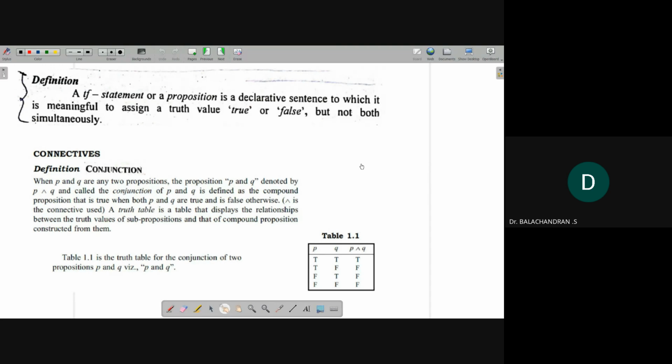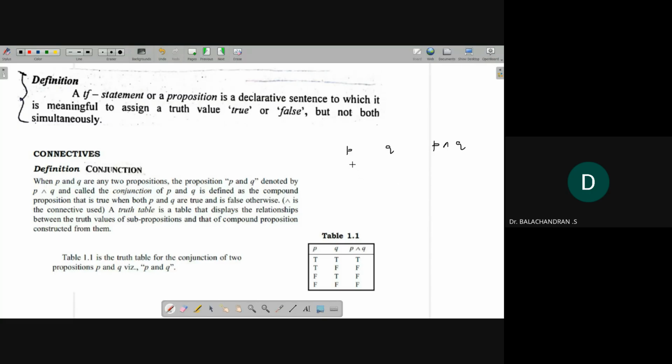Okay, I'll try. P, Q. P and Q, that is conjunction.